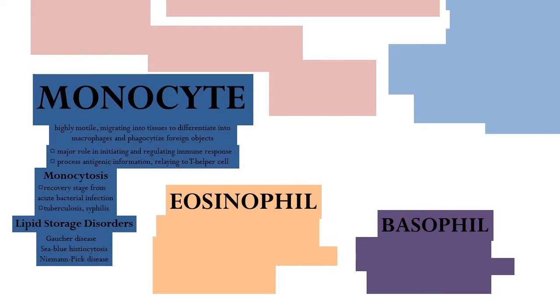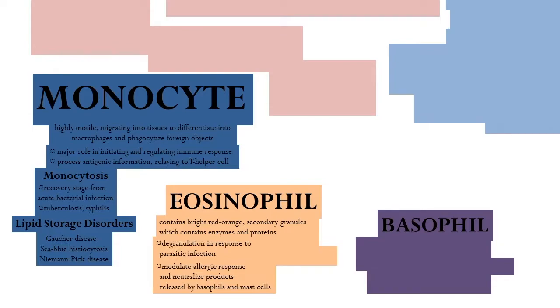Eosinophil. Describe the morphology of an eosinophil. Eosinophils contain bright red-orange secondary granules, which contain enzymes and proteins. What is the function of the eosinophil? Eosinophils degranulate in response to parasitic infection.